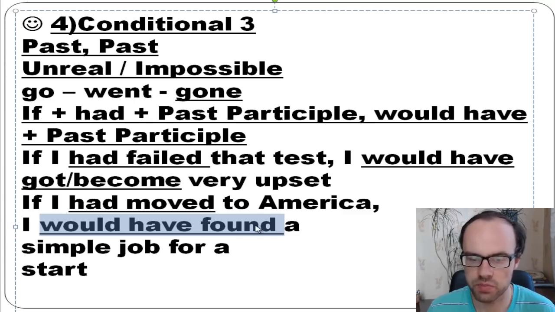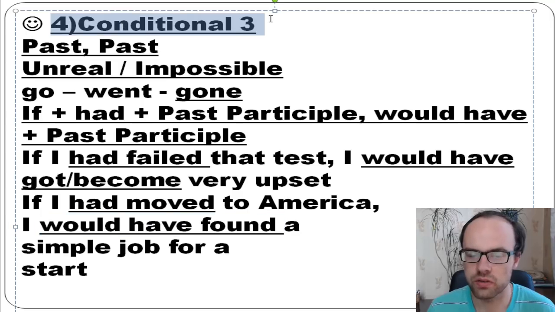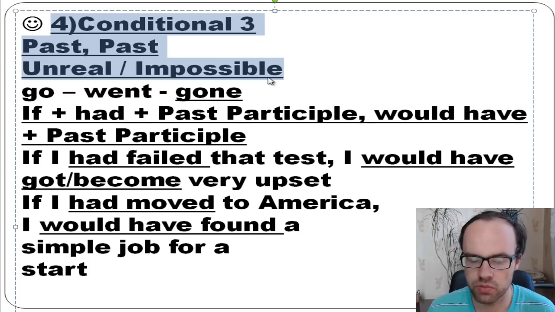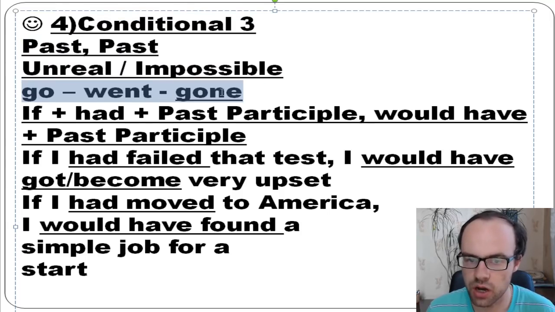Would have plus past participle. But, so, did I move to America? No. So, and as a result, I didn't find a job because I wasn't there. Yeah, I wasn't there. I didn't move to America. So, it's in my imagination. Okay, about the past. So, the third conditional. Yeah, we talk about, so past and past, unreal, impossible. So go, went, gone.